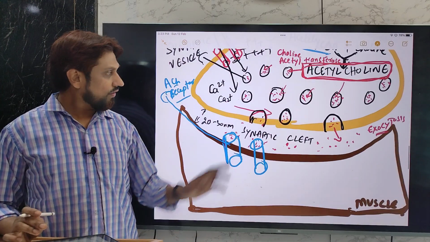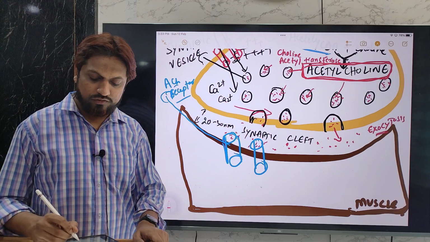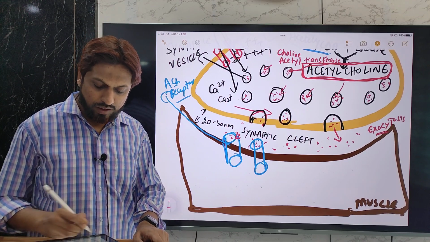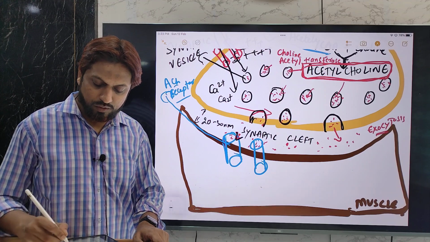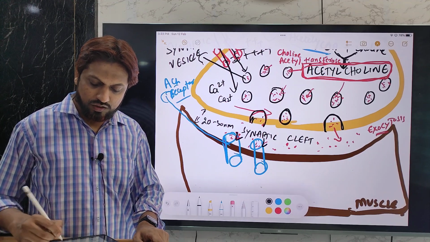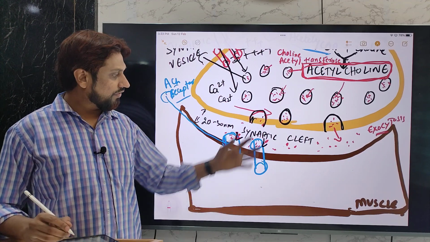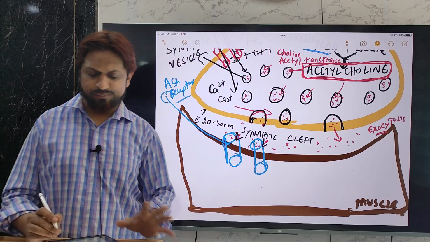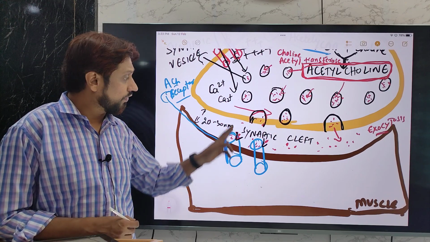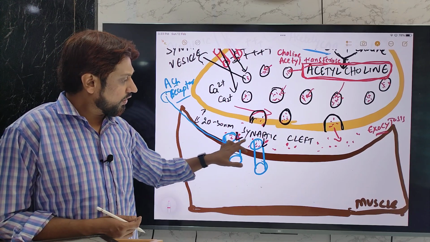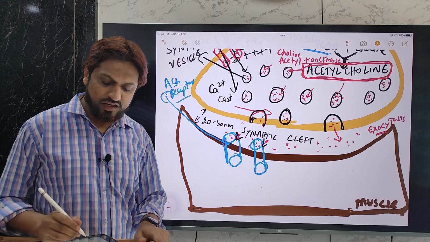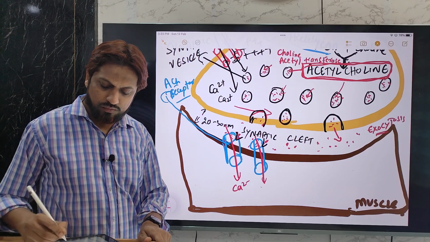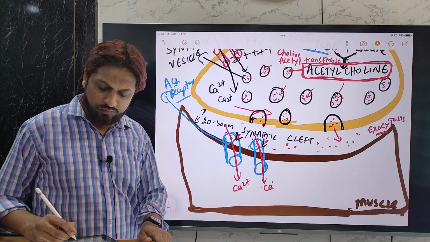Now, when acetylcholine binds on the receptor sites of these nicotinic acetylcholine receptors, that's why it is called ligand gated. Ligand means chemical gated. It is not voltage sensitive, it is sensitive to chemical change. Whenever it binds, it will open, and cations will enter from the extracellular fluid.